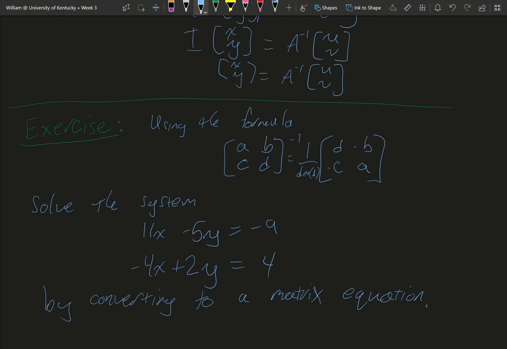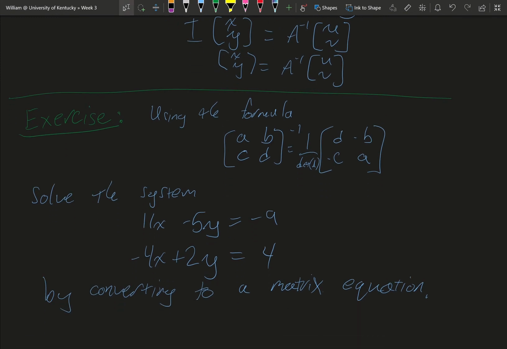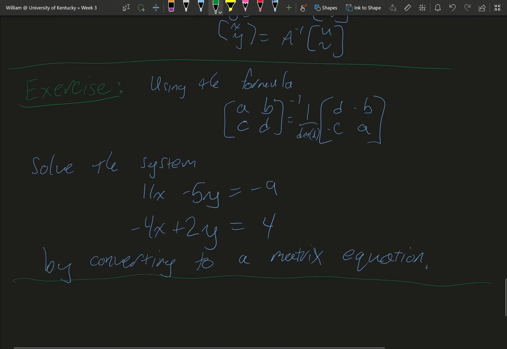Okay, so converting it to a matrix equation, and then just use this formula up here. So just multiply the vector by that. Okay, so give that a shot.